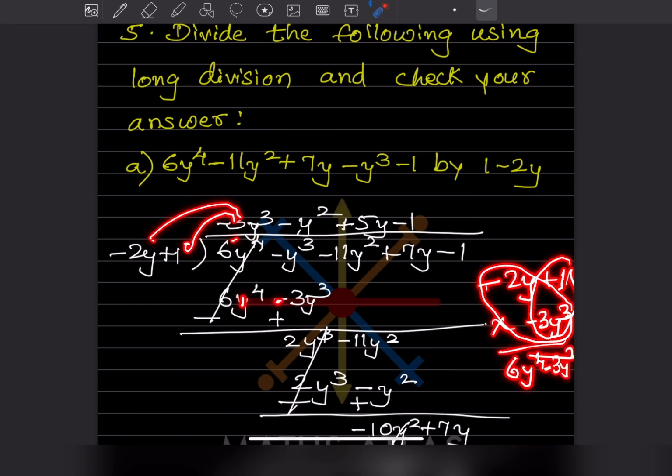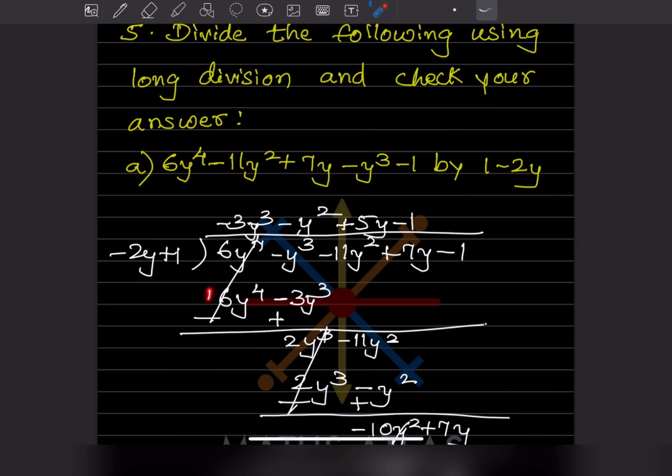Now this is plus, so here should be minus. Here minus means you change it to plus. So now you look at the new sign. This and this get cancelled because this is plus minus and the same. Now look at the new sign: plus 3 and this will be minus 1, so that is going to be plus 2 and this is y3. So 2y3, and this one you write here.